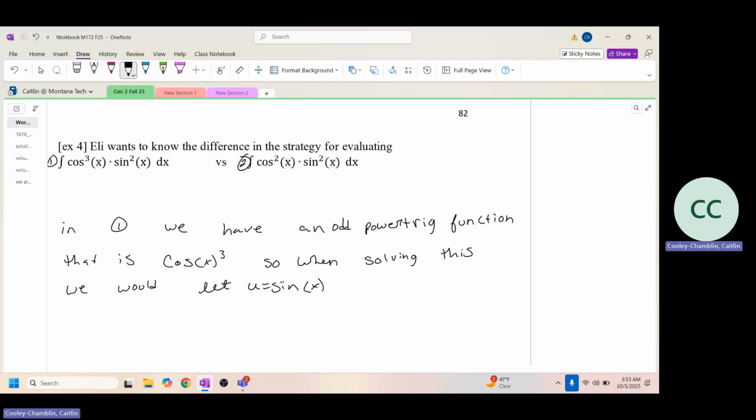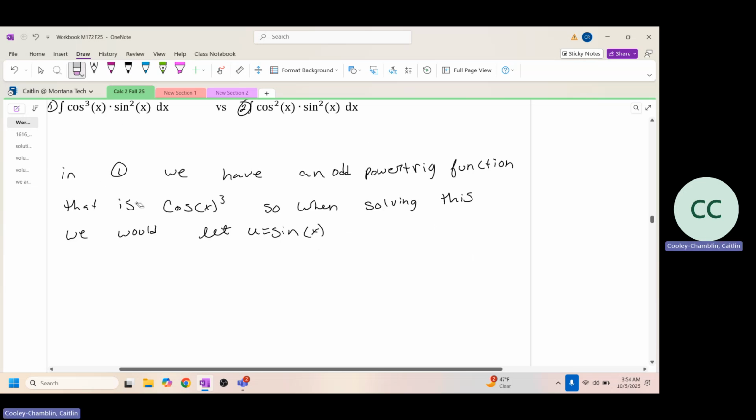What would happen is our sine would be u. One of these cosines would go away, and then we could use that Pythagorean identity, which is sine squared plus cosine squared equals 1, to substitute it back in, and it becomes a u. So everything quickly becomes a u in this case.